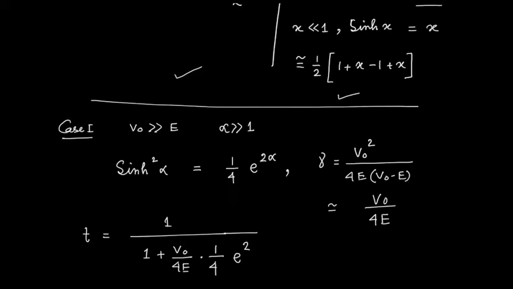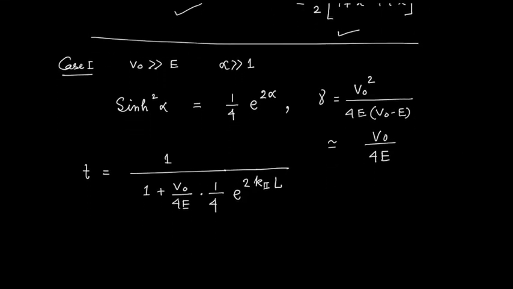And remember, alpha is k2 times L. Now see, if alpha is very large, obviously e to the alpha is enormously large compared to 1, and V0 is also very large. So this number is also very large compared to 1.